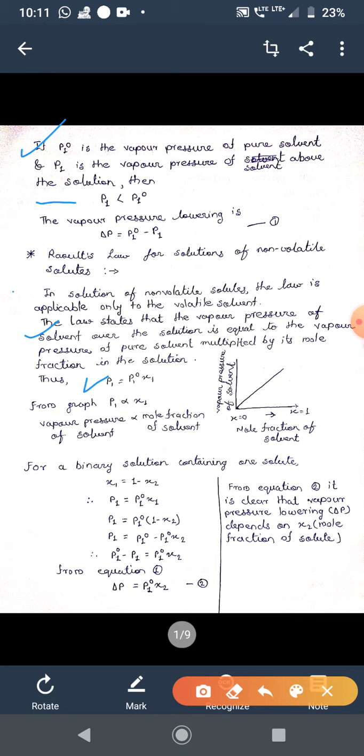So, according to Raoult's law, the vapor pressure of the solvent in solution is equal to its vapor pressure in pure form multiplied by its mole fraction.